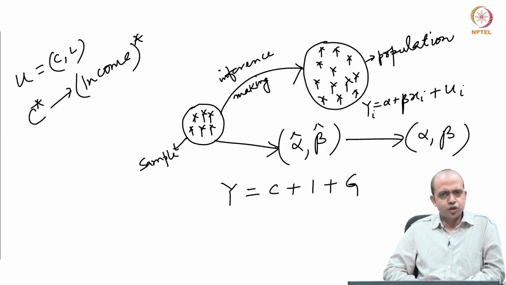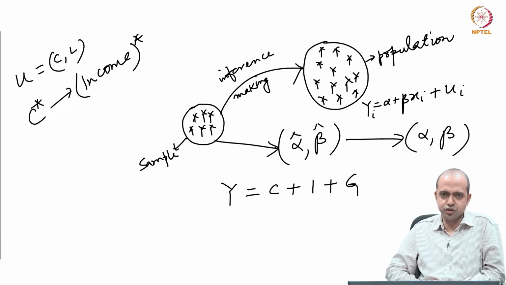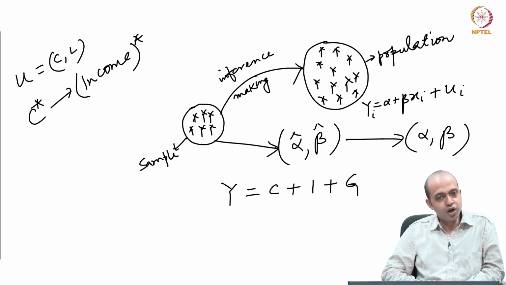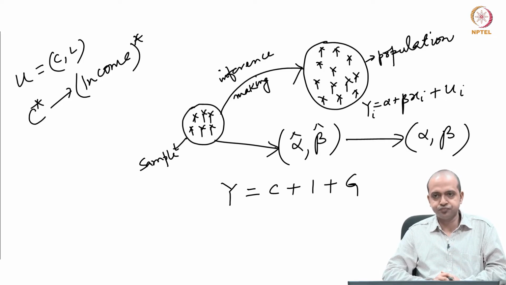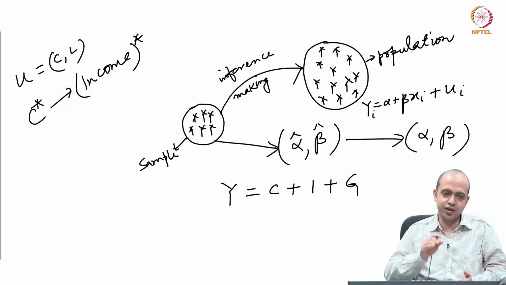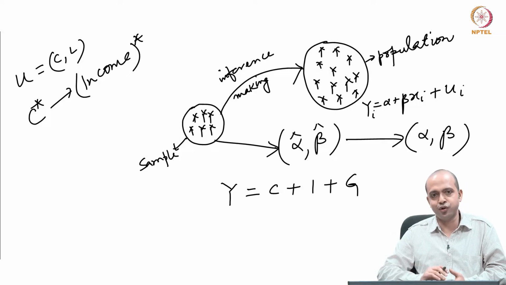So depending on the individual's consumption, they will participate in the labor market, they will decide what type of job to take in the labor market, and they will also decide how many labor hours to supply in the labor market. We have already explained, these are all economic data. So what I am trying to say is, consumption can also lead to income at both micro as well as macro level.